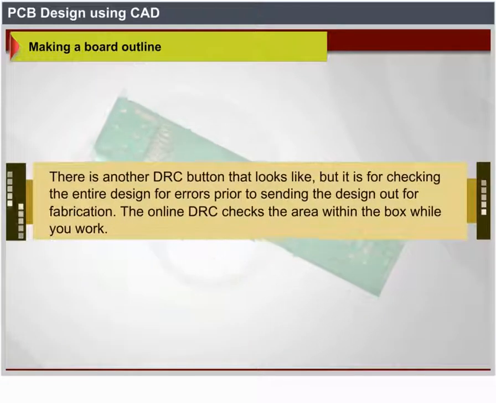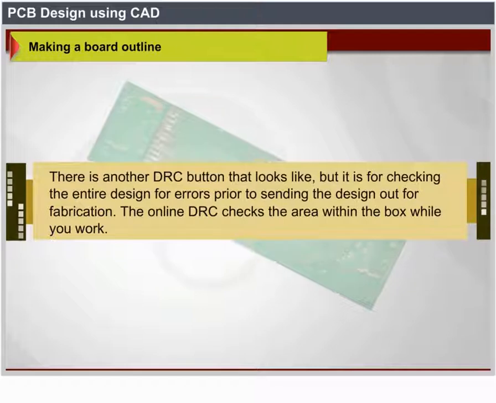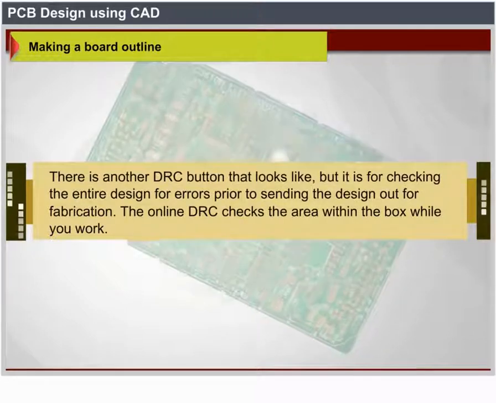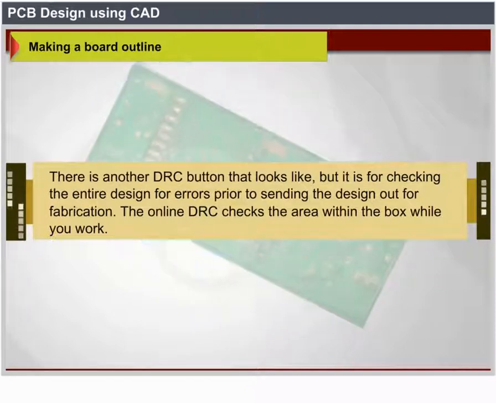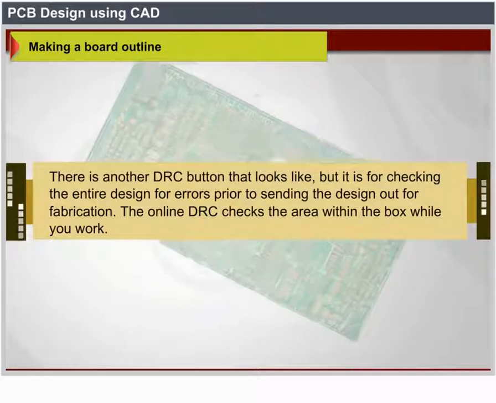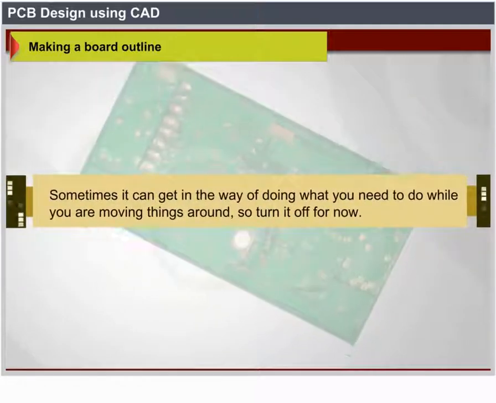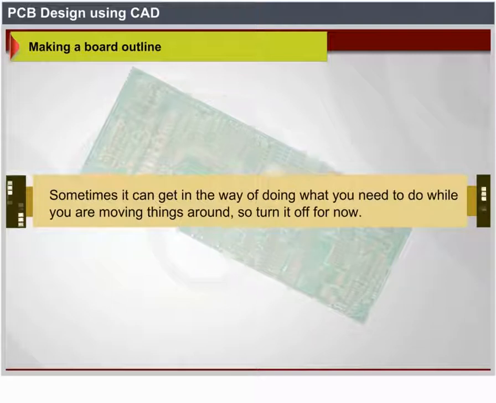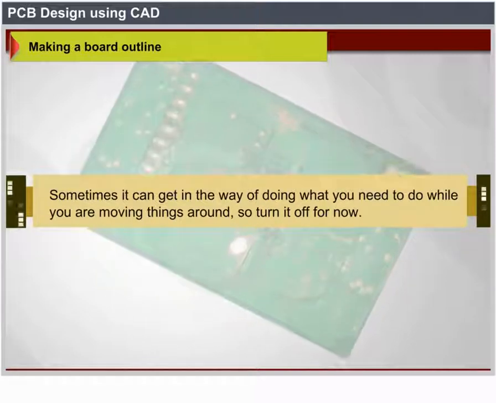There is another DRC button, but it is for checking the entire design for errors prior to sending the design out for fabrication. The online DRC checks the area within the box while you work. Sometimes it can get in the way of doing what you need to do while you are moving things around, so turn it off for now.